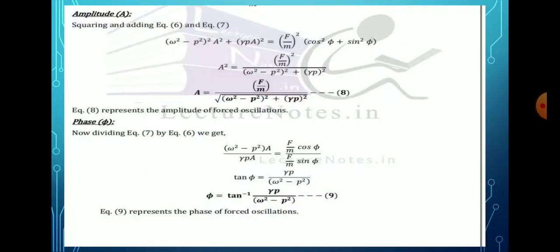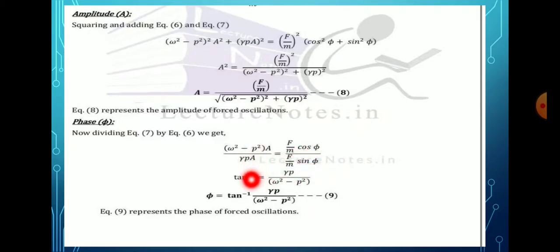Then we have to find out the phase, that is phi. Now dividing equation 7 and 6, we have to find out phi. Omega square minus p square into a divided by r p a is equal to f by m cos phi divided by f by m sin phi.